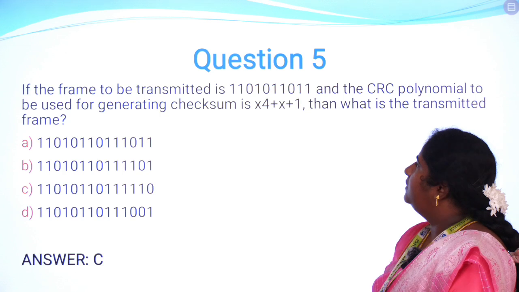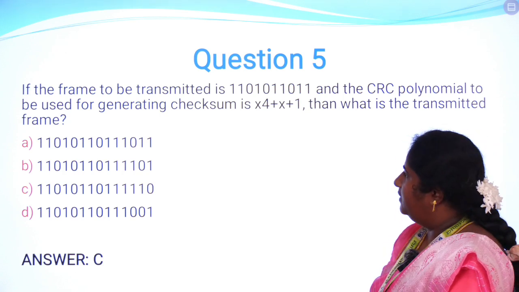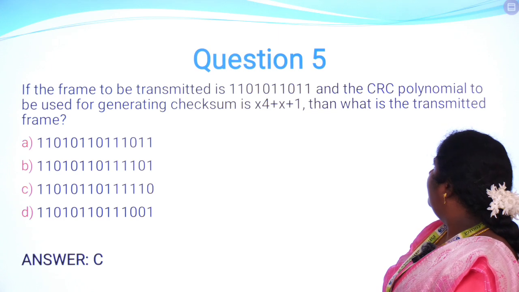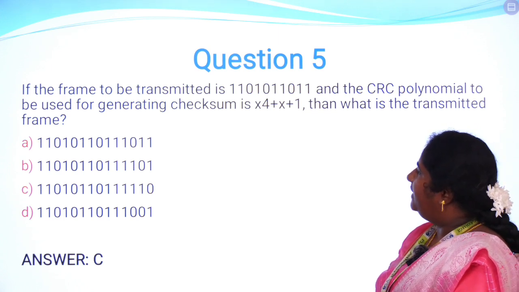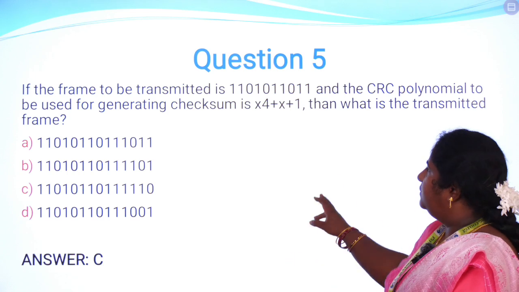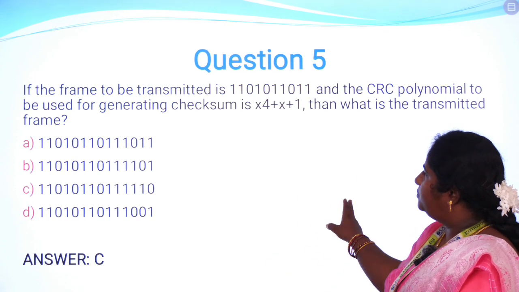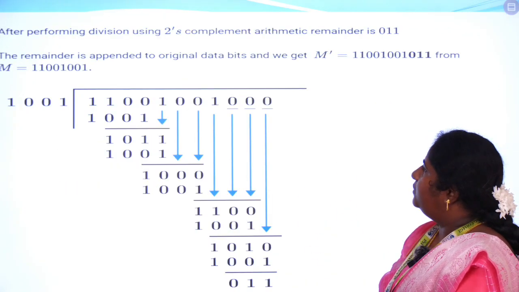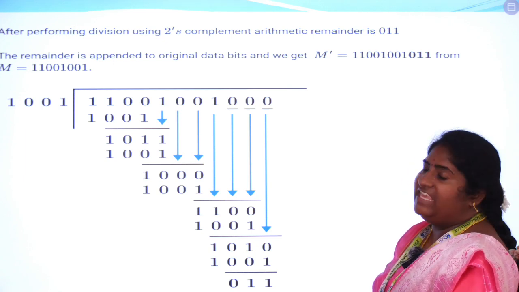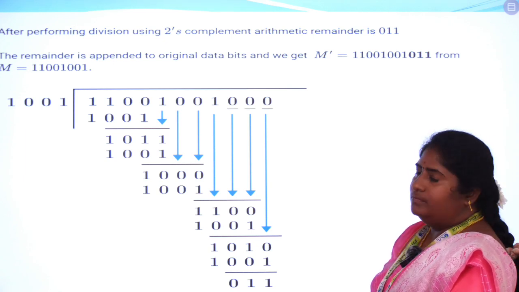Coming to question 5. In question 5, the data is going to be transmitted using a polynomial division x power 4 plus x plus 1. In the same way, the division has to be done. We are going to append 3 values at the end because the key value is 1001.